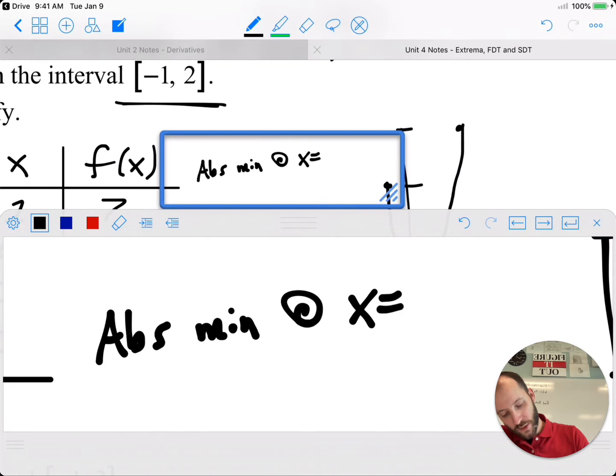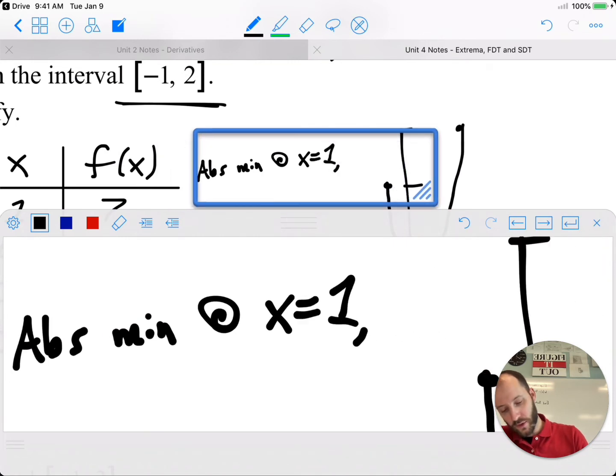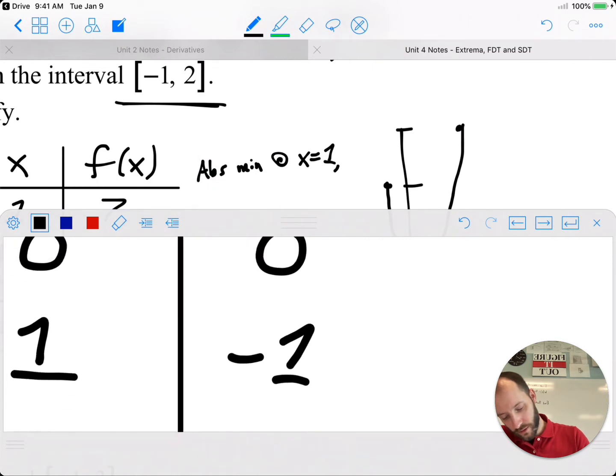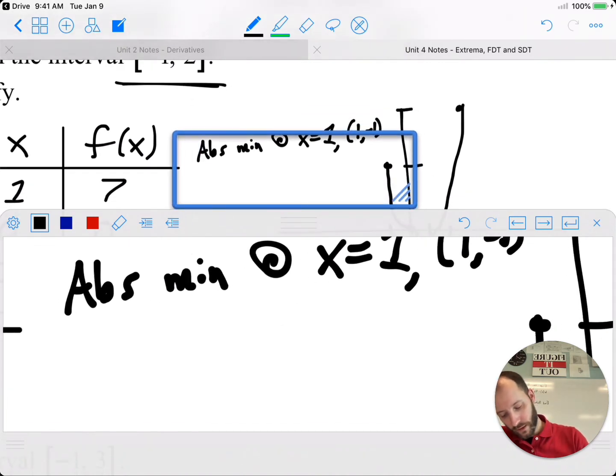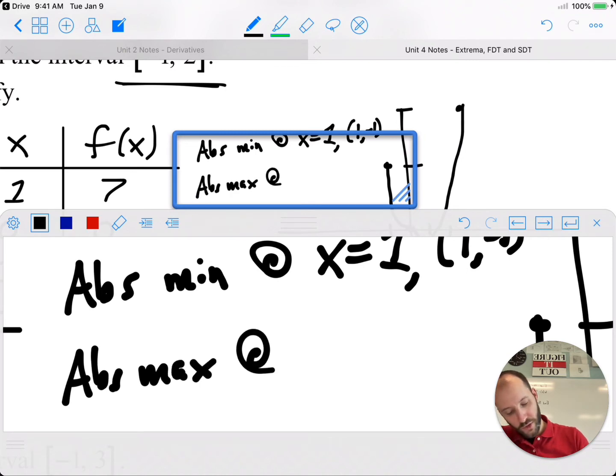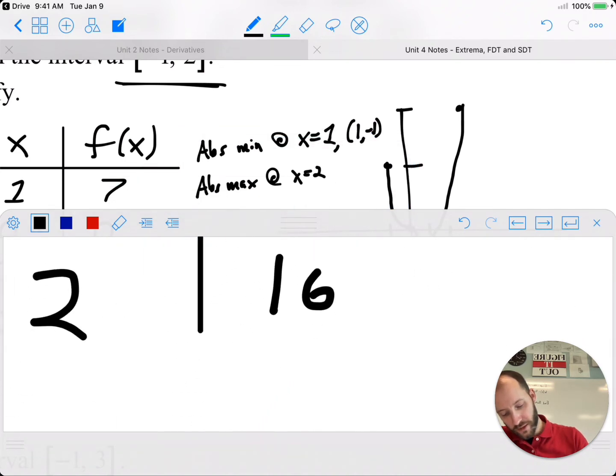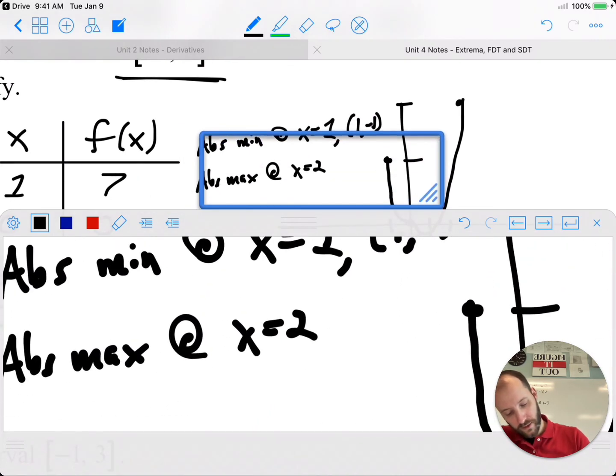At x equals 1, which is the ordered pair, kind of going back to the table, 1, -1. We have our absolute max at 2, x equals 2. That ordered pair is 2, 16.